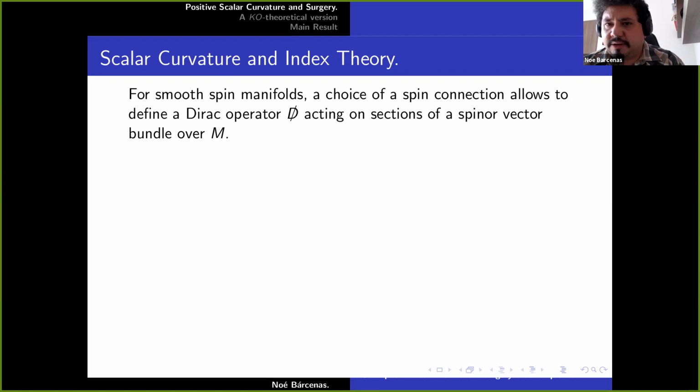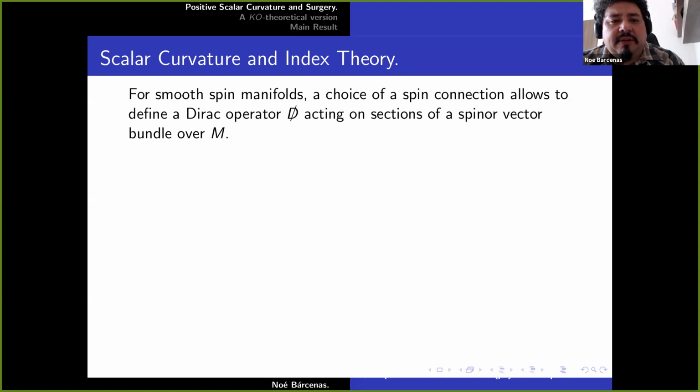It's basically about index theory and how Dirac operators play a role in the topological obstructions behind the fact that a manifold could accept a metric of positive scalar curvature. And I will try to outline some of the aspects of this story.